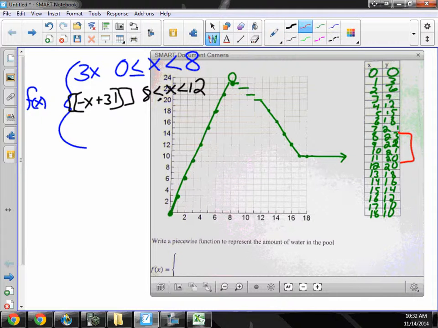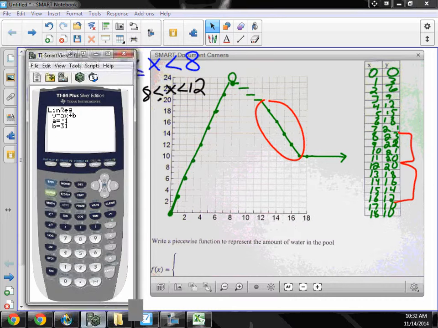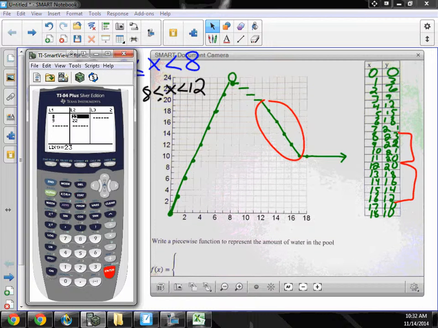Okay. Now we need to find the equation for this piece. So I look at two of those numbers. Go back into Stat. Edit. So I'm going to pick 12 and 13. And the y values are 20 and 18.